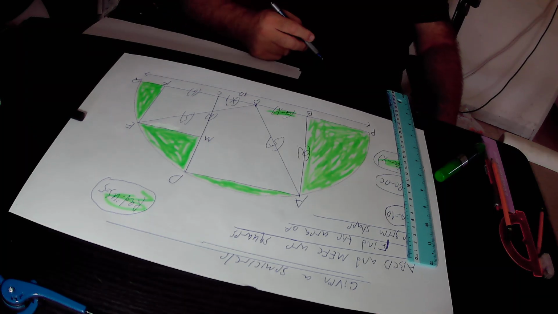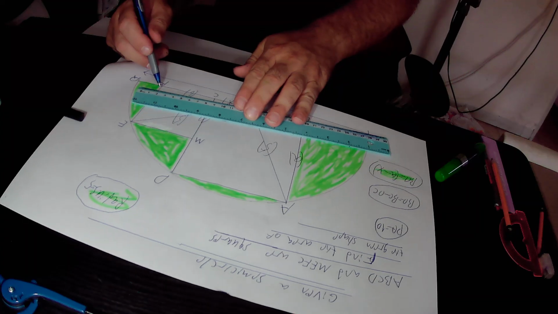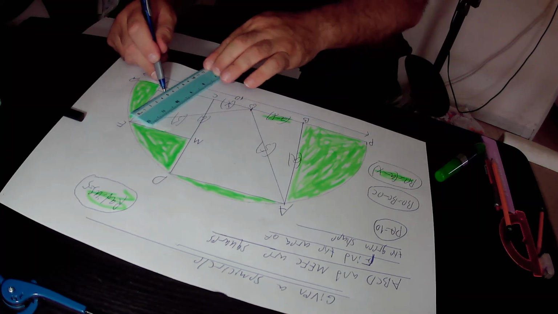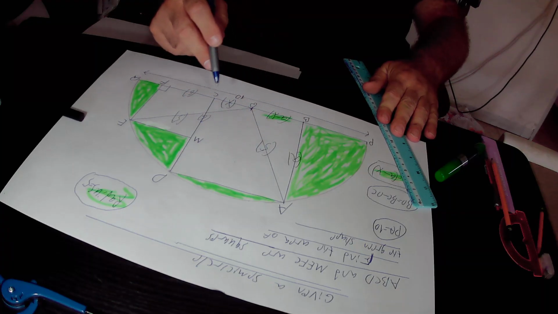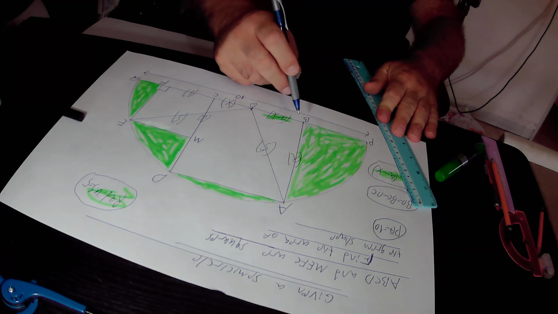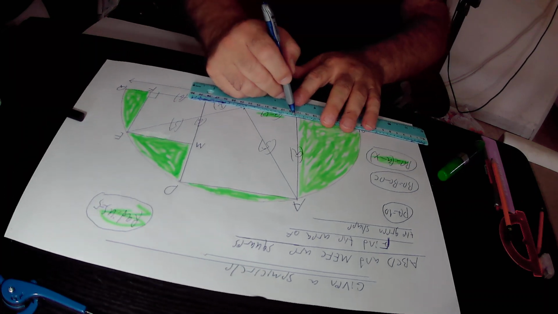MEFC is a square, and we know that all the angles inside any square are right angles. Therefore, this angle is a right angle. Likewise, ABCD is a square, and therefore this angle ABC must be equal to 90 degrees.